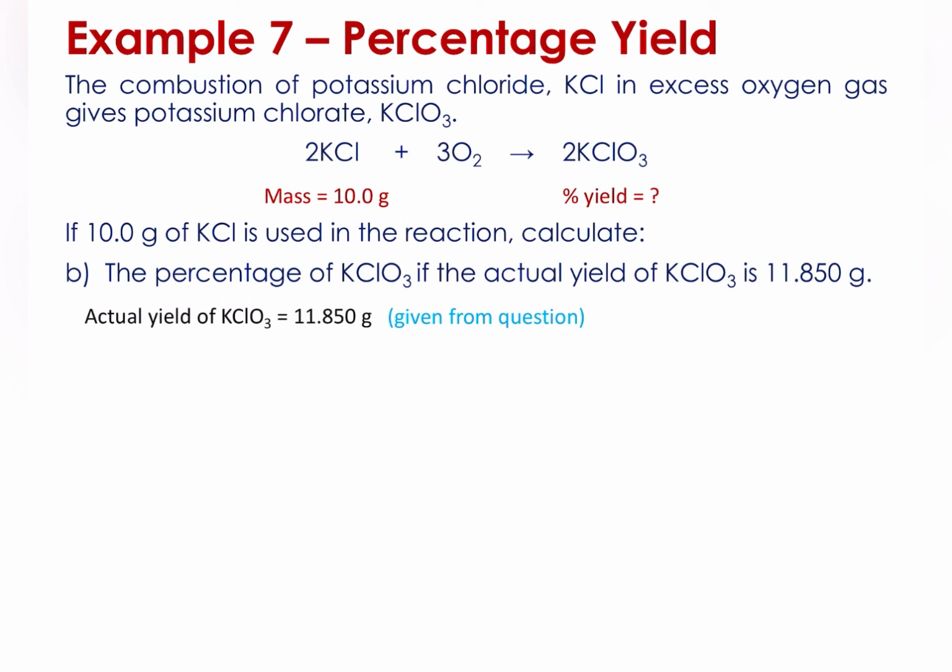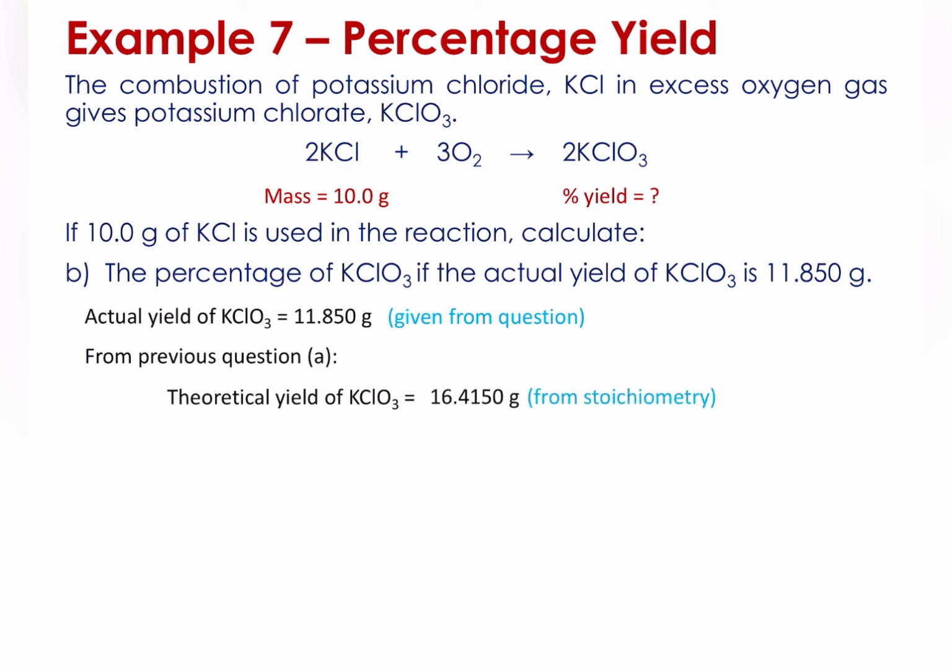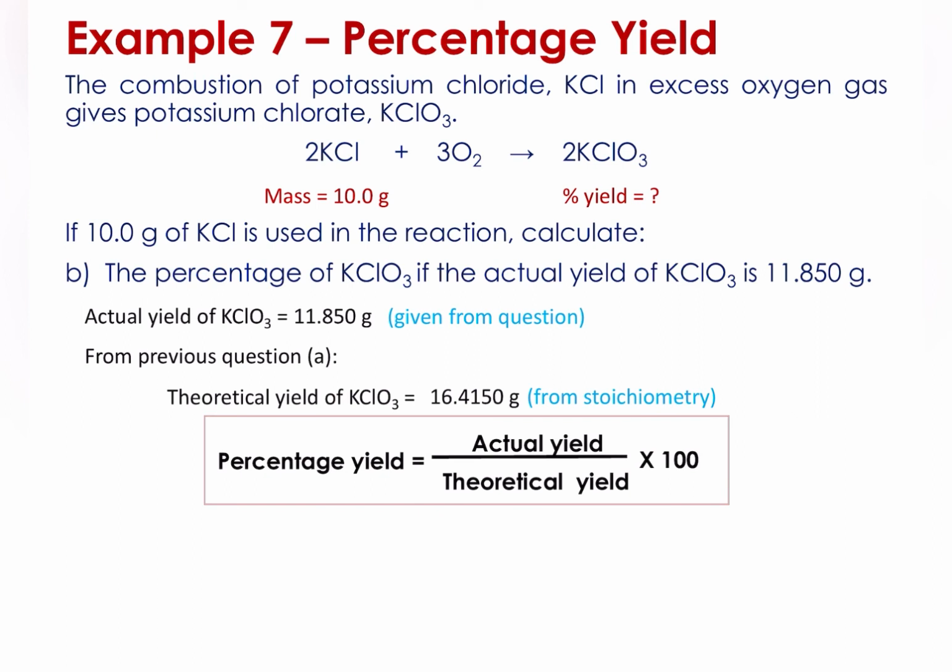So if you want to continue how to calculate the percentage yield, you got the theoretical yield from the previous question, where 16.4150 gram is from your stoichiometry. So can you do the final answer straight away from this equation? Yes.